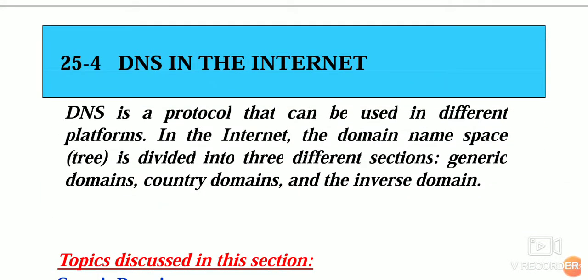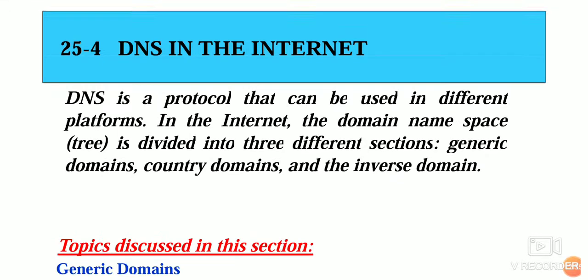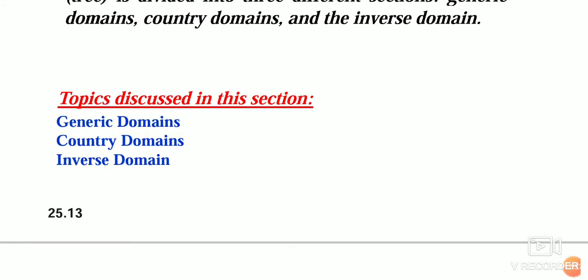Next, DNS in the internet. DNS is the protocol that can be used in different platforms. In the internet, the domain name space is divided into three different sections: generic domains, country domains, and inverse domain. These are the three broad categories of domains. One is generic.